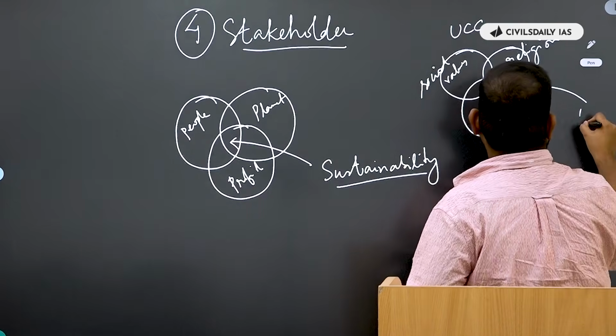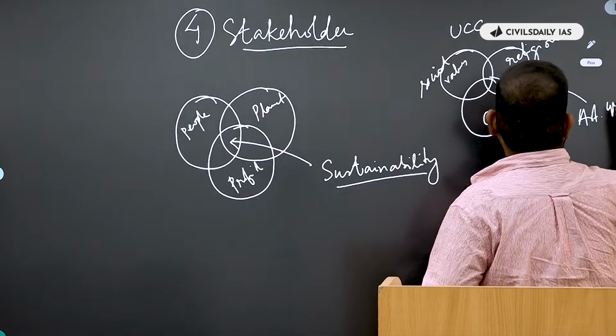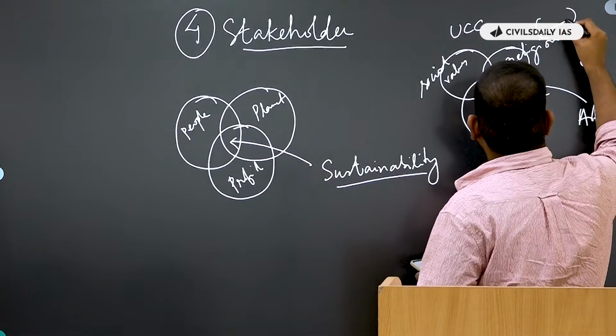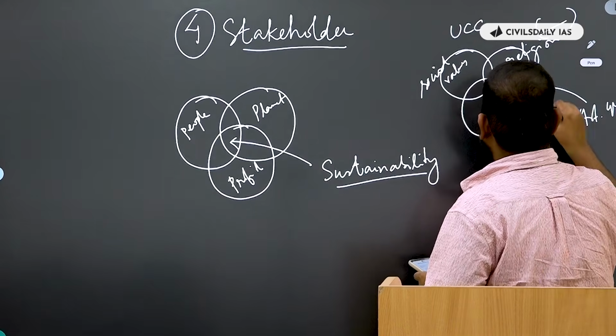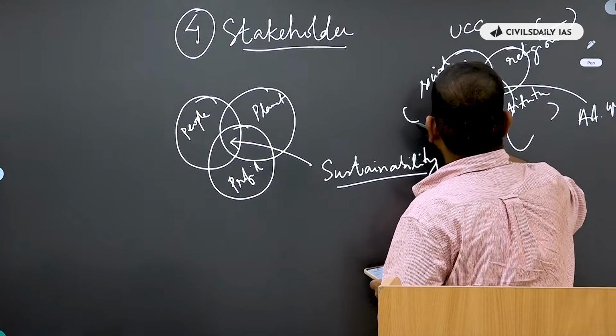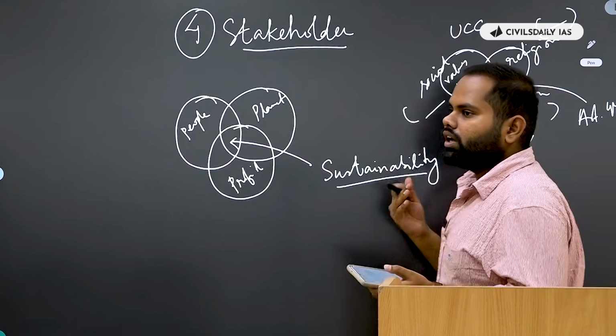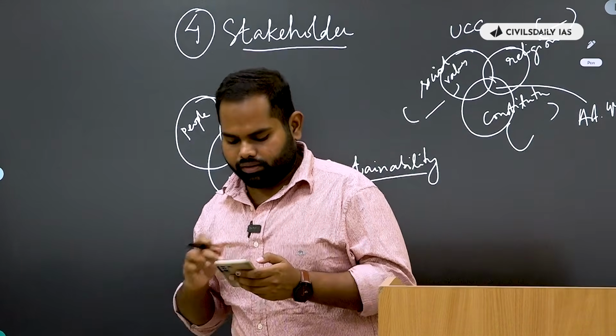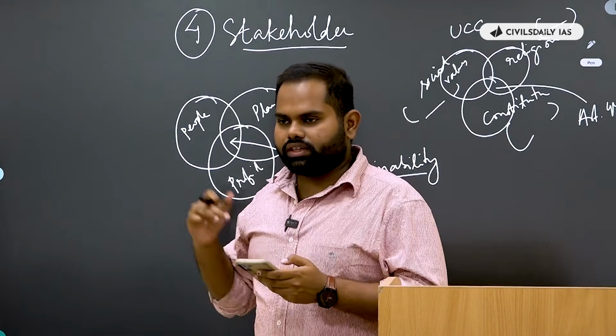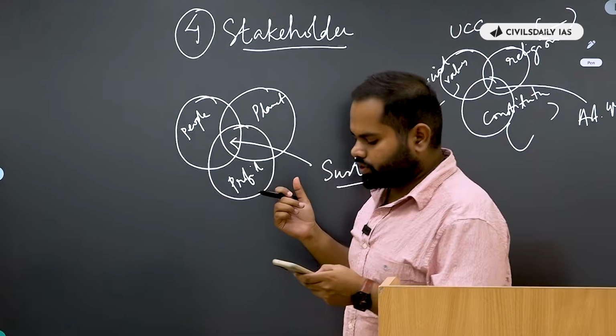And you show this is Article 44. And you give examples of the good things about religion, constitutional principles and social values which make UCC a desirable component as well. So this is how a stakeholder approach could be used.